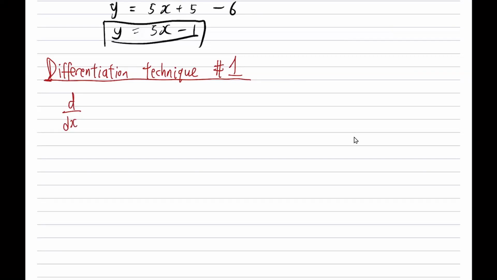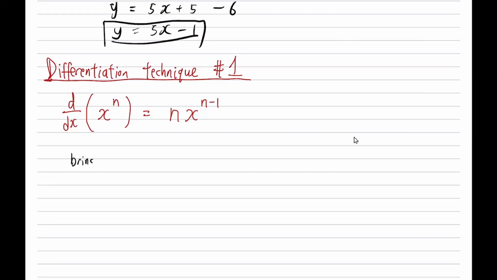I forgot there was another notation I have to introduce. You put down d by dx, you don't put dy by dx. Then you put down x to the power of n, where n is just a number. It's equal to bring down the whole power n, there's an invisible times here, I don't write the times, it's implied. Then x to the power of n minus 1.